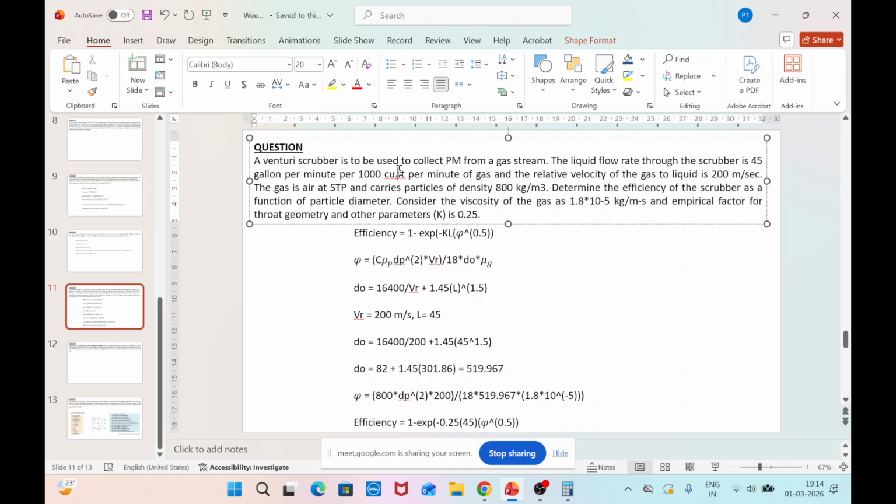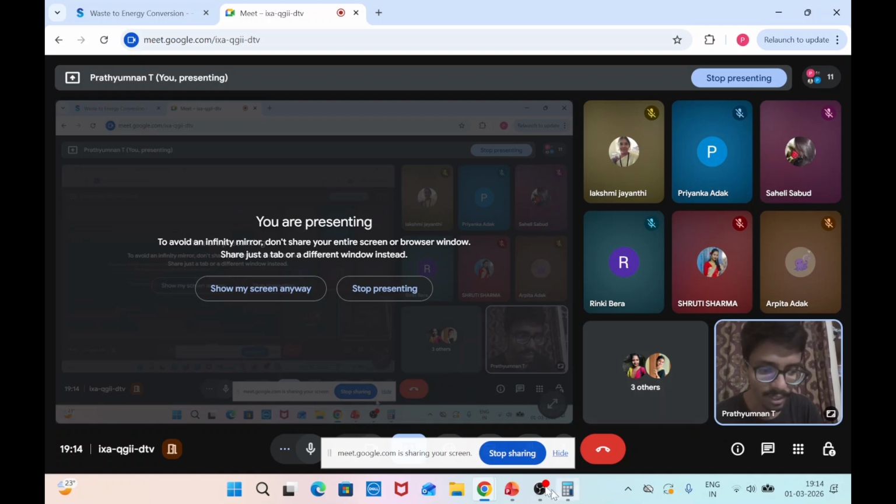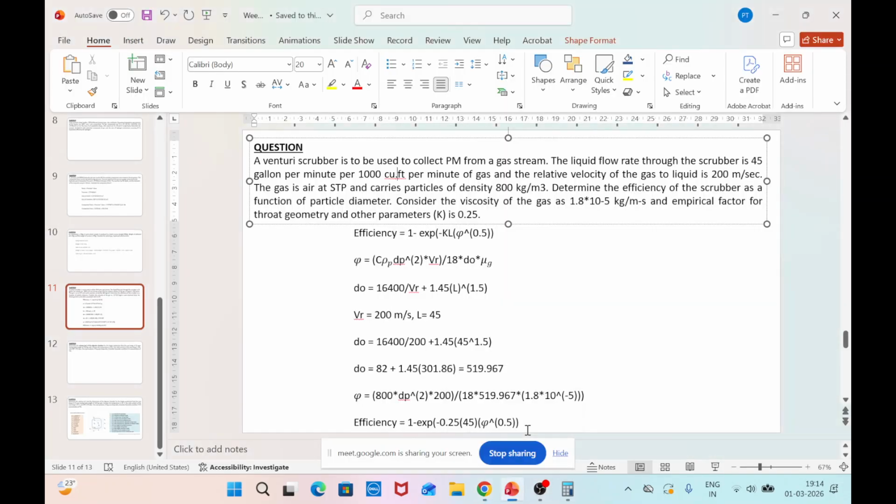So any questions related to this? Any confusion? Here we are supposed to calculate or express the efficiency in terms of the particle diameter. Any questions?